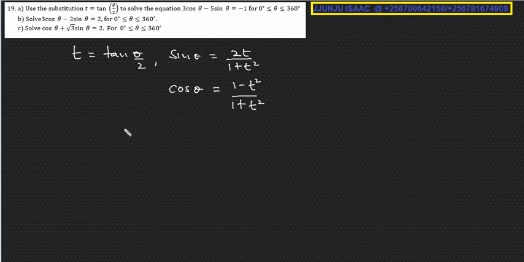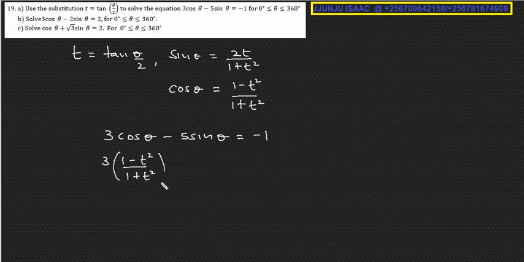So from the given equation we have 3 cos theta minus 5 sine theta equal to -1. So I'll just put 3 where there is cos, I put 1 minus t squared over 1 plus t squared, then minus 5 times sine, which is 2t over 1 plus t squared, equal to -1.